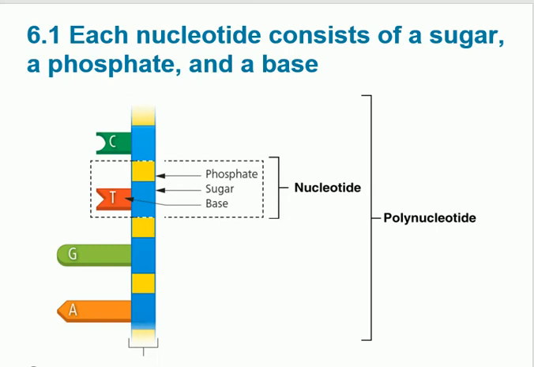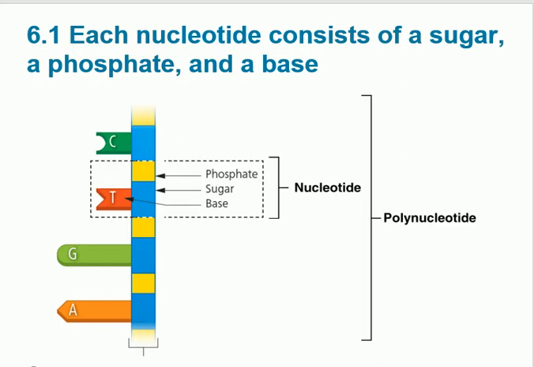So I'm going to look at this long chain of nucleotides. We call it polynucleotide. What does poly mean? More than one, many. So polynucleotide, many nucleotides, a long chain of nucleotides.